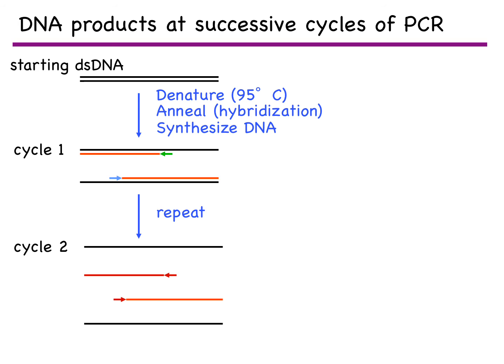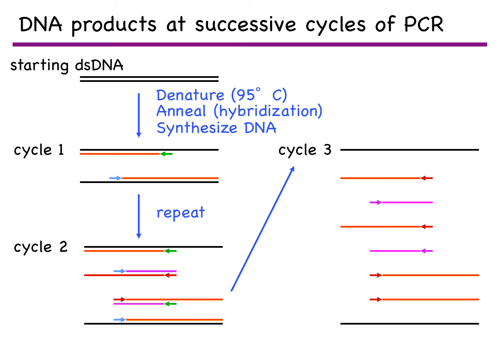Now you've got your new products, you've heated up the DNA, the new products are separating from the strands that they were originally hybridized to. You anneal your primers to the sequences, you go through another round of DNA synthesis. And then we'll go on to cycle 3 now. Cycle 3, you heat up the DNA, so it's all now been converted into single strands. You hybridize your primers or anneal your primers, and then you synthesize DNA again, okay?